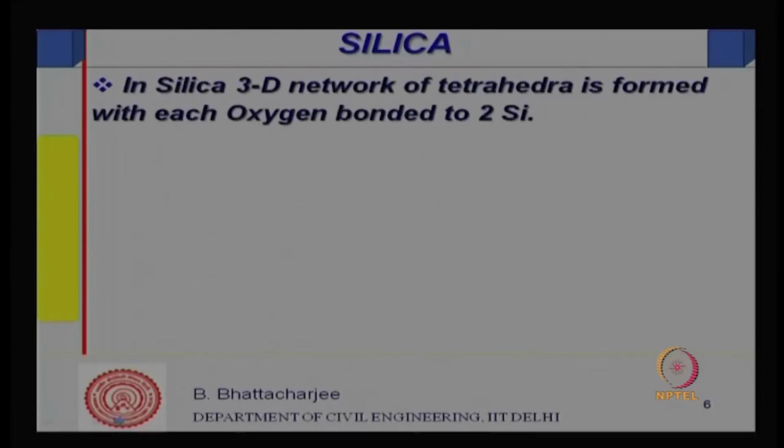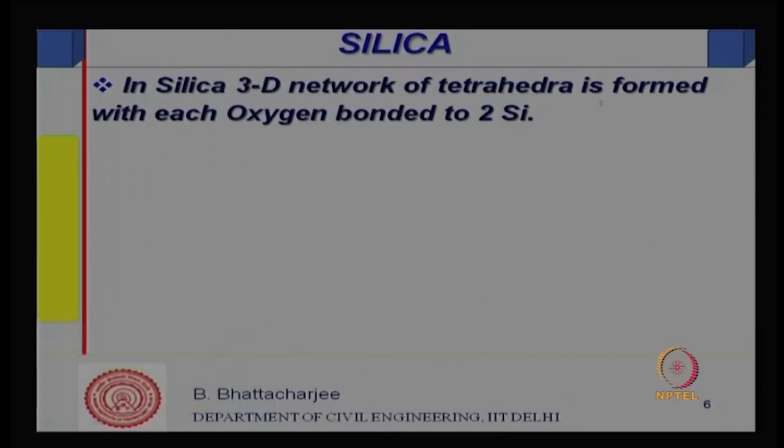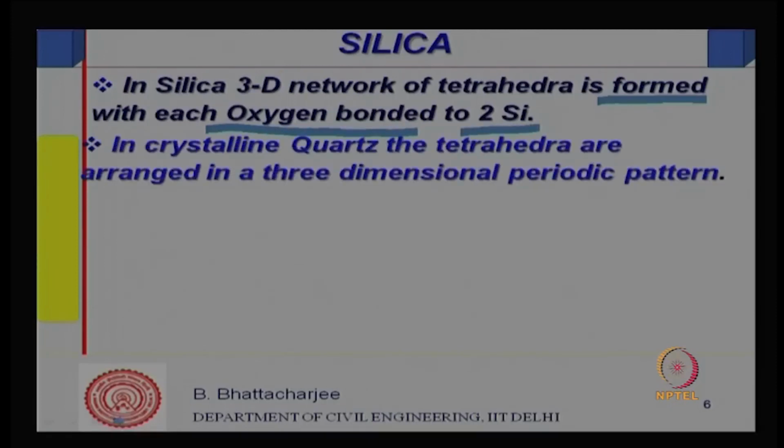So, in silica it is a 3D network of tetrahedra formed with oxygen bonded to 2 Si. So, this is a SiO2 structure or silica structure. Crystalline quartz is one of the silica, one of the most stable silica. The tetrahedra are arranged in 3-dimensional periodic pattern.